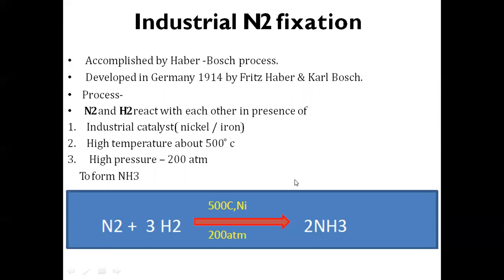This is the critical step. You need not remember this step because it is not so important for your syllabus. So you can have the idea of what industrial nitrogen fixation is. Nitrogen along with hydrogen and the catalyst forms ammonia under pressure.